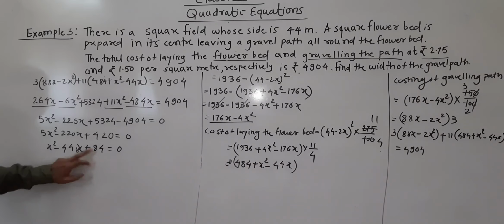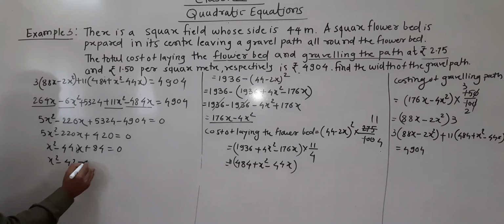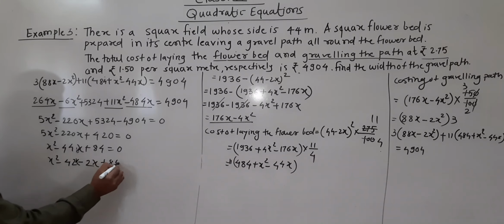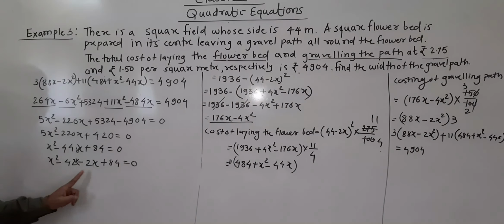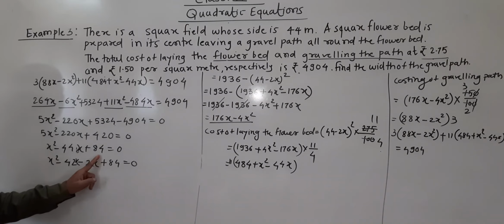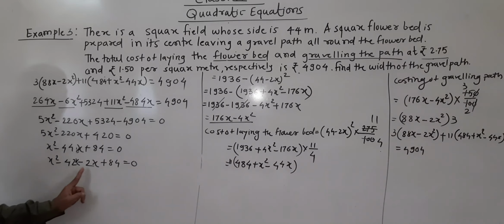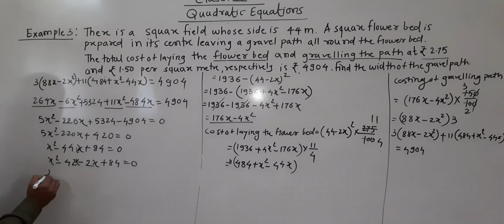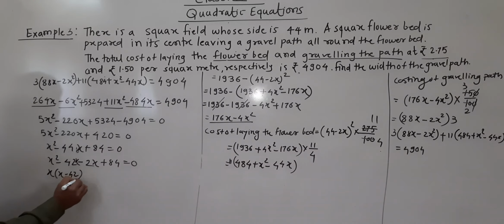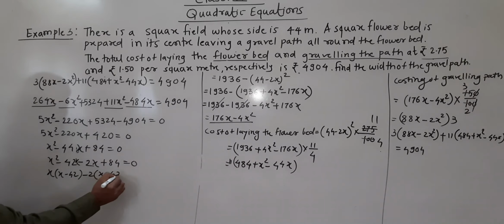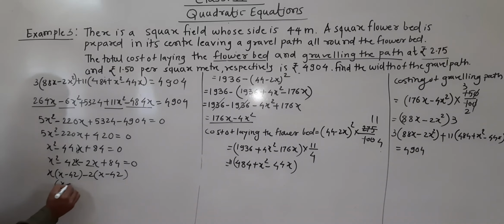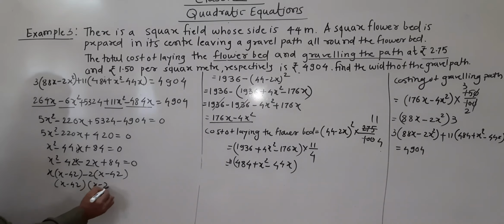So 84 means 42 2s are 84, x square minus 42x minus 2x plus 84 is equal to 0. 42 2s are 84 and 42 plus 2 is 44. Okay, minus 42 minus 2 is minus 44. Okay, so x in bracket x minus 42, minus 2 in bracket x minus 42. So x minus 42 in one bracket, x minus 2 in another bracket.